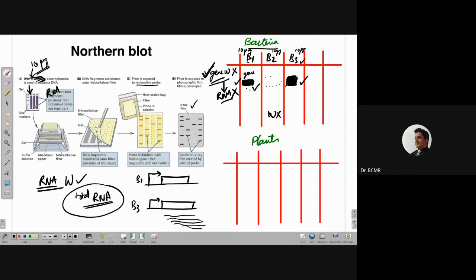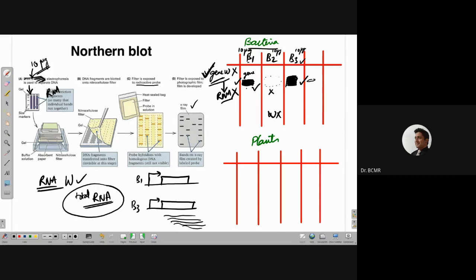Only then will you get the RNA band. But if the RNA is not present, it doesn't mean gene W is not there. It is one possibility that this bacterial sample does not have gene W, or it might mean that the gene is not transcribed in that organism or sample.